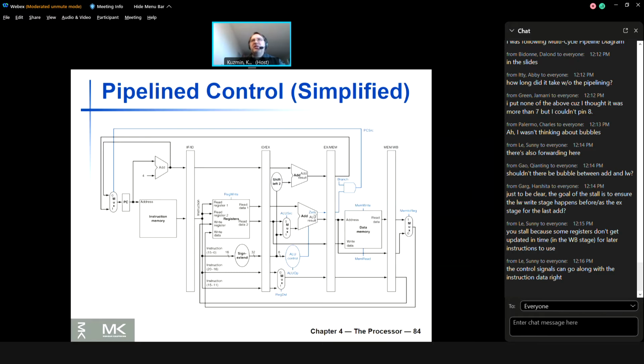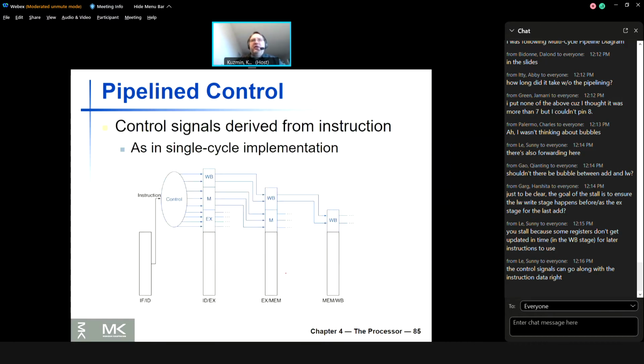Okay, so this is a simplified pipeline control. It just shows the control signals that we need, without really explaining where they're coming from, just identifying the control signals. And here we have our famous blue oval that produces all those signals. And once produced, they have to travel with their instruction.